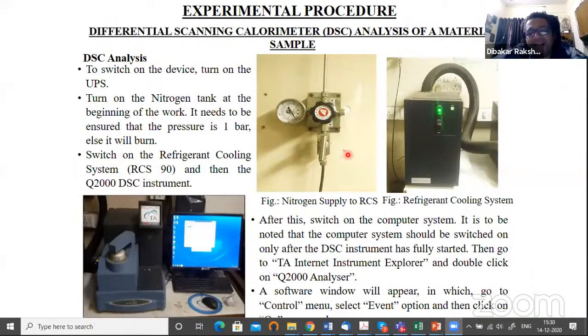To find the reliability of the PCM, you have to make the PCM thermally stable for certain cycles, because the PCM will get heated and melted, heated and melted again. Generally, if the PCM is able to retain its properties for about 2000 cycles, the PCM can be declared thermally stable. Is it clear?